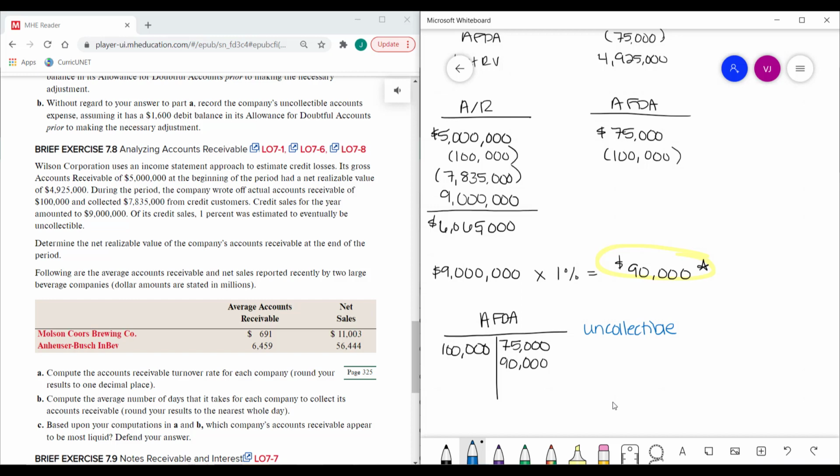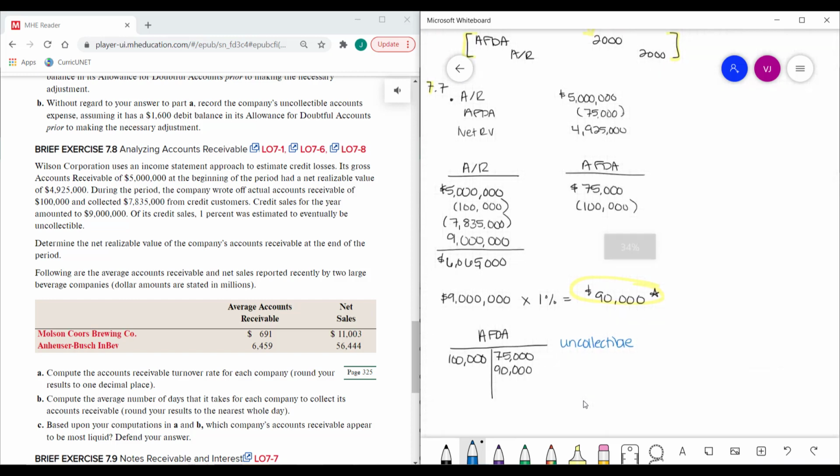Let me zoom out just a tad. There we go. I'm going to debit uncollectible accounts expense for $90,000, and I'm going to credit the allowance for doubtful accounts for $90,000.